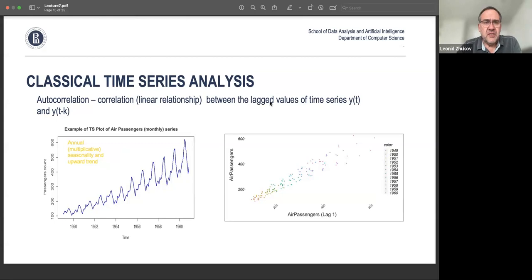And so here you see, on the left-hand side, a picture of the passenger count, or air passengers, as a function of time. On the right-hand side, we take a lag of 1 year and plot the number of passengers in the previous year against the next year, and you realize that there is a really strong trend in how the number of passengers next year depends on the number of passengers in the previous year, right?